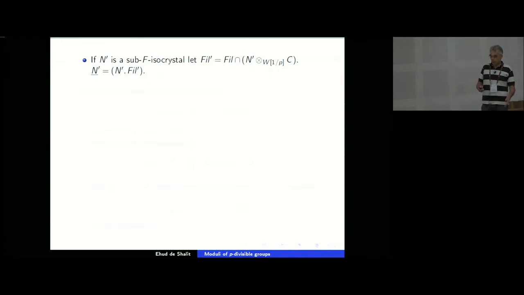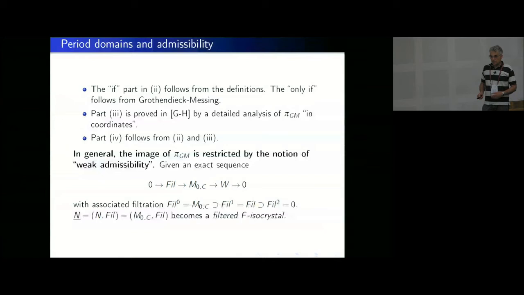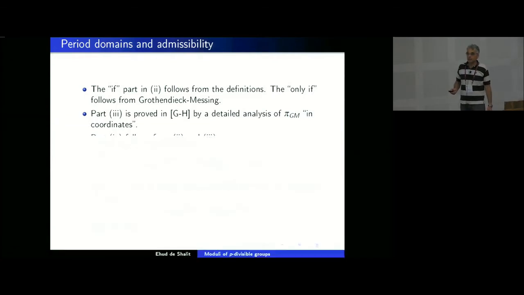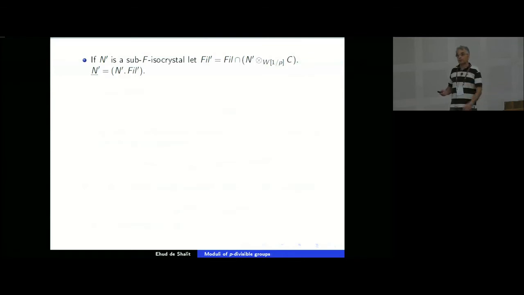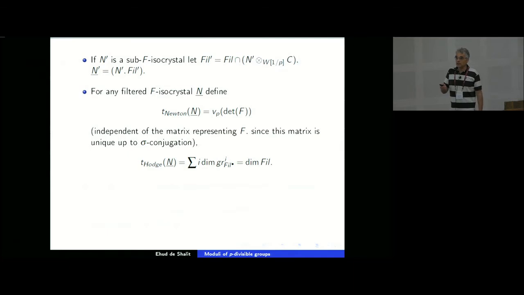In general, a sub-object in this category of F isocrystals with filtration will be another F isocrystal with filtration, and a map that respects the filtrations, but the filtration on the sub-object need not be the full intersection of the filtration on the big object with the smaller one. So when this happens, you say that it is a strict sub-object, or you just define it this way. So let's assume that N prime is a strict sub-object.